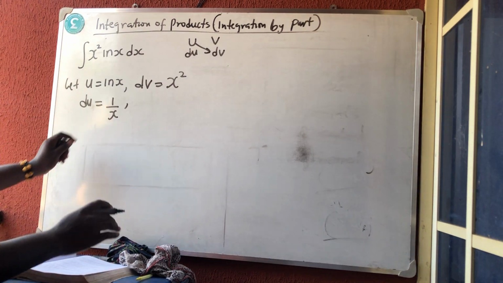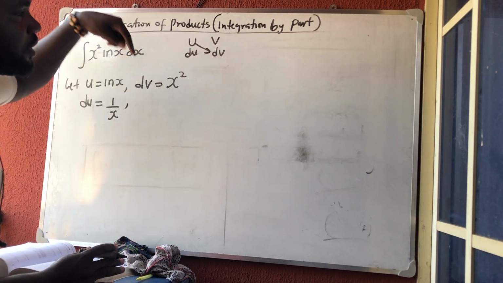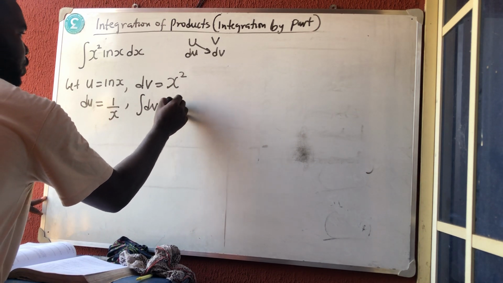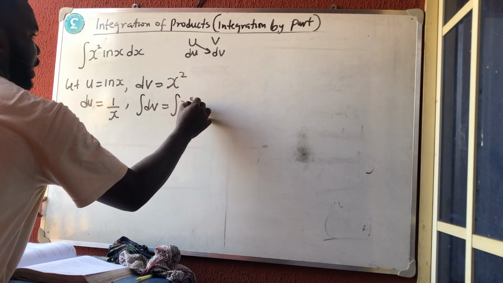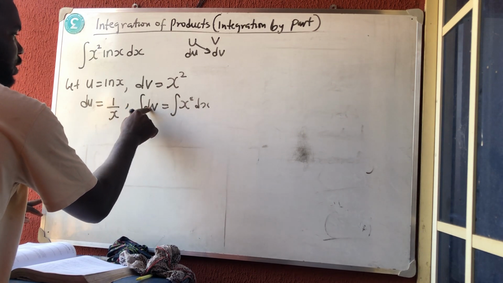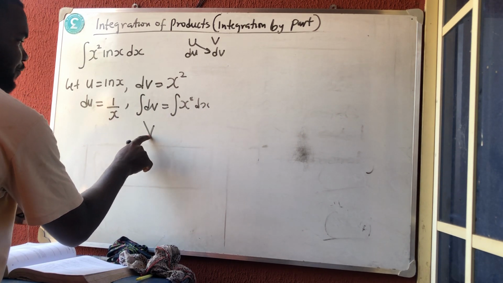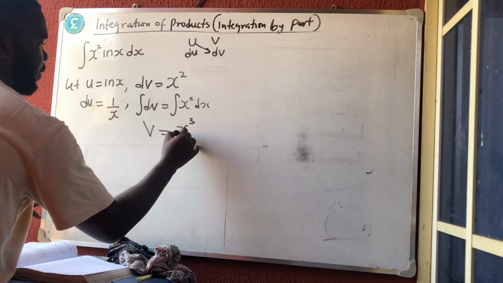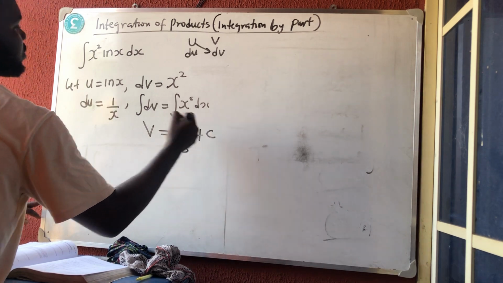Now this is dv, so I need to integrate it to get my v. So integration of dv is equal to the integration of x squared dx. Differentiation is the opposite of integration, so differentiation cancels integration. I'm having v standing alone is equal to integrating this, which is x raised to power 3 over 3 plus a constant.